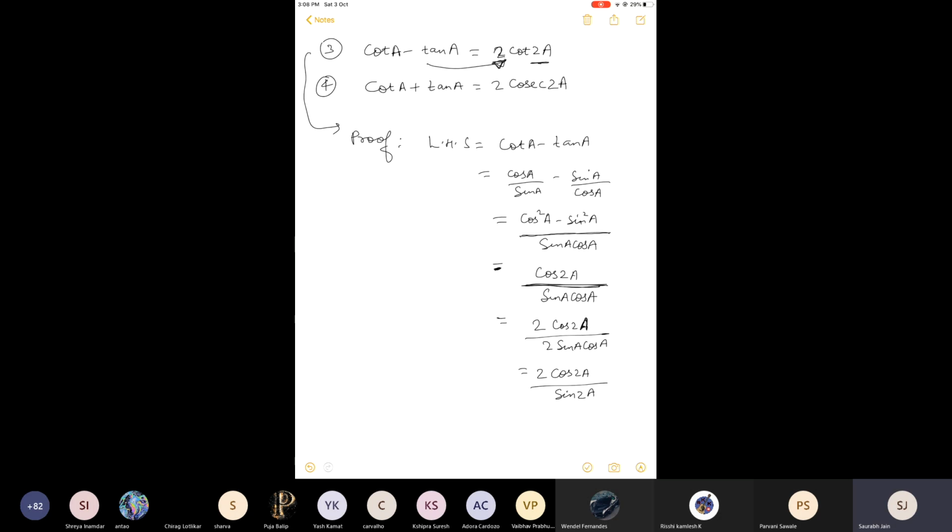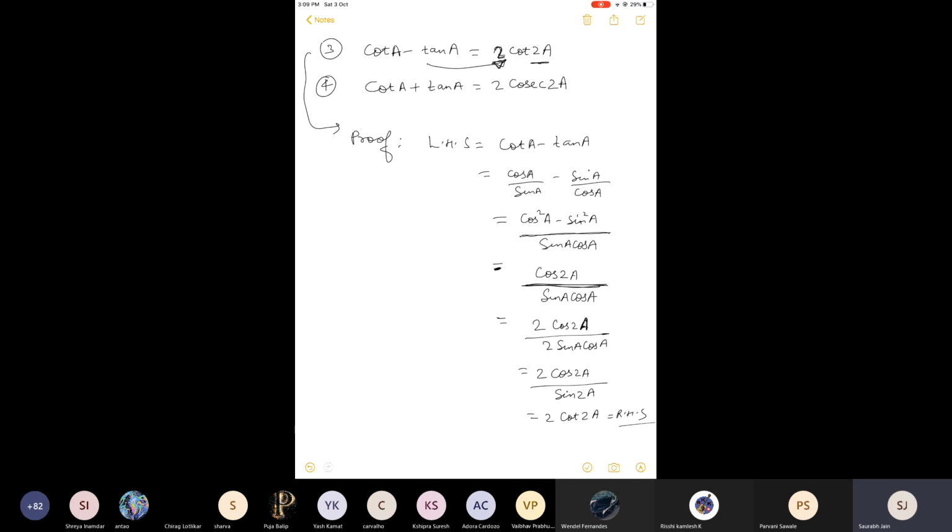So two things, because of the 2 present in the RHS, and also I want cot 2A. I have only cos, sin is missing, so to create that we need to multiply and divide by 2. As a result, now you have the answer. Cos upon sin is cot. Cos theta upon sin theta is cot theta. Theta is 2A here, so it will become 2 cot 2A. That is RHS.